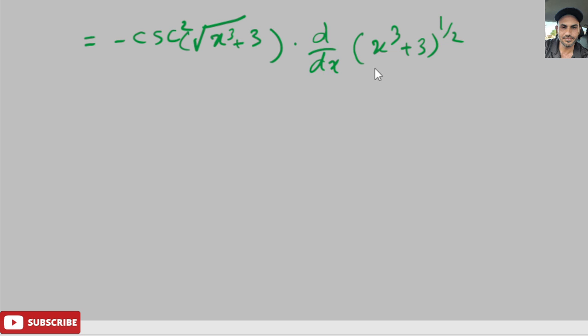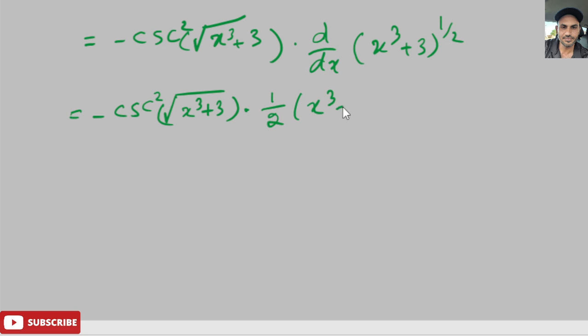Now this is the derivative we have to take. So now we have another chain rule here. We have a function inside a function, so we have to apply the chain rule, and we have to take the derivative of the outer function first, then times the derivative of the inner function. So we get negative cosecant square of x cubed plus 3 times, now we take the derivative of the outer function, so we bring this 1/2 to the front.